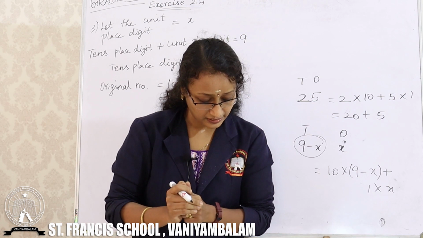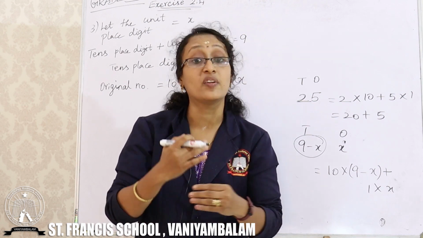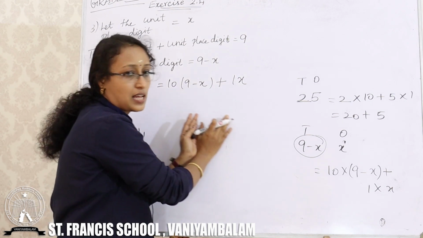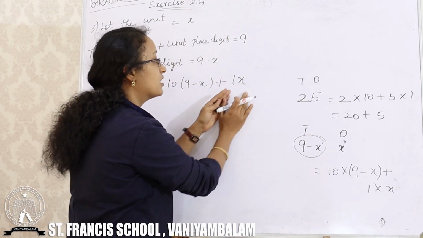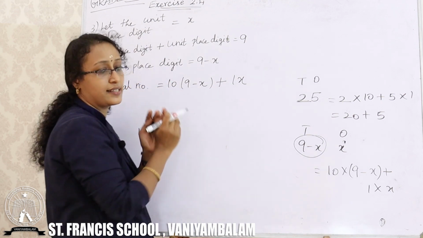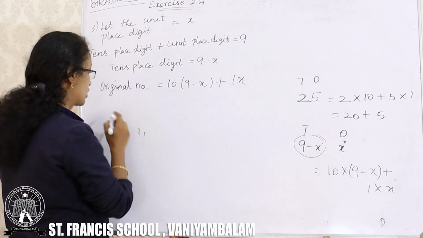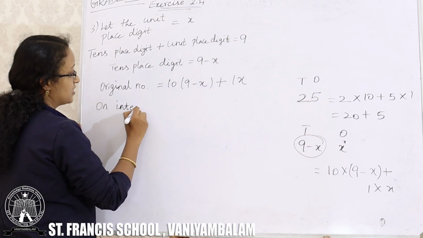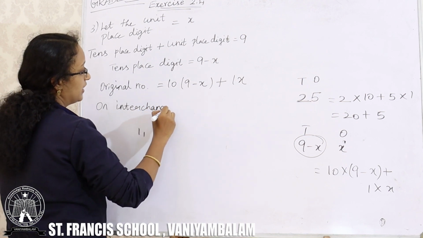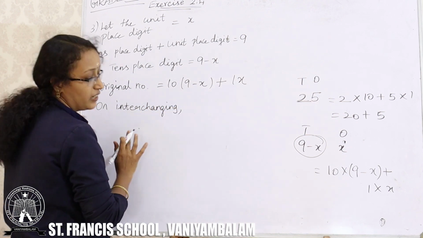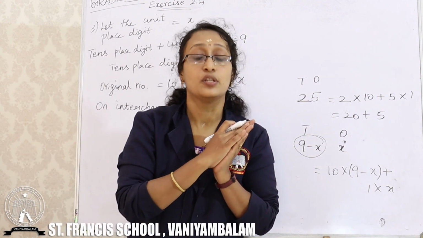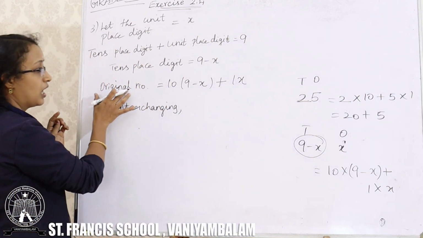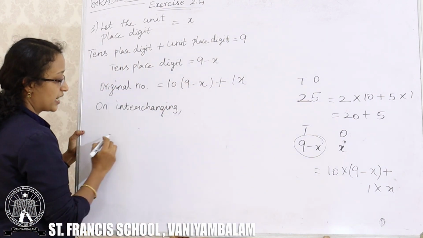It is given that when we interchange the digits, that is, 9 minus x I am going to give to the unit place, and x I am going to give to the tens place. On interchanging, the resulting new number is greater than the original number by 27. Our original number is this. Resulting new number means what?